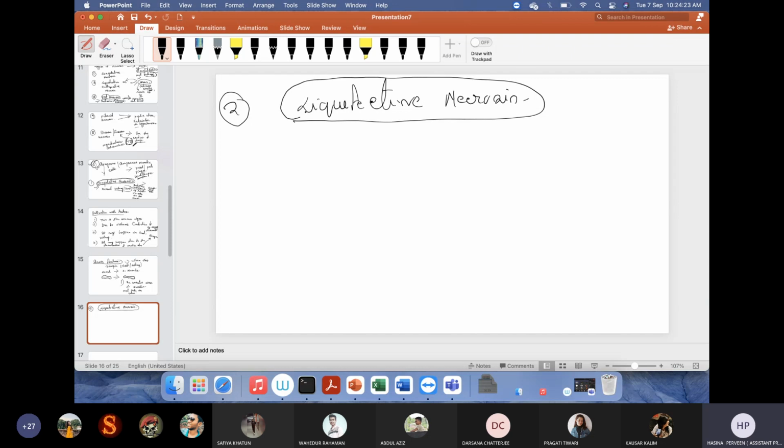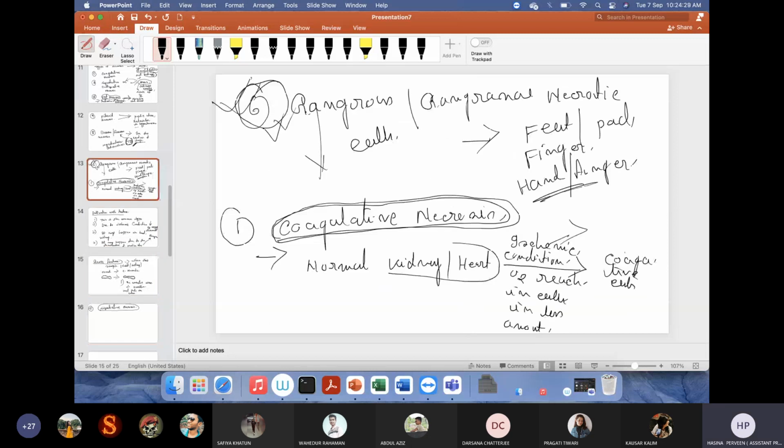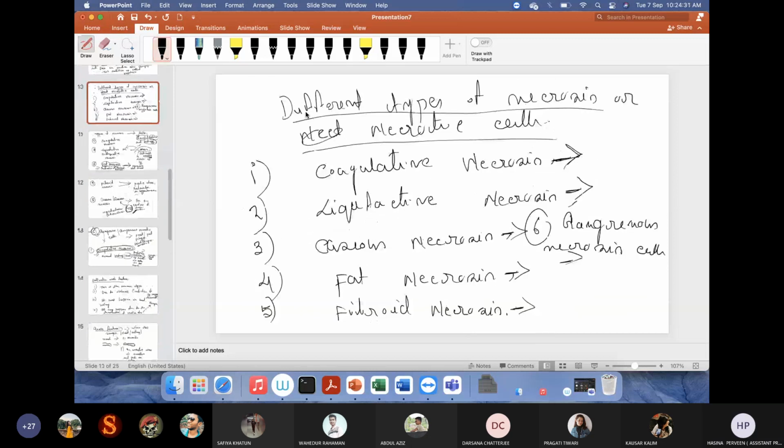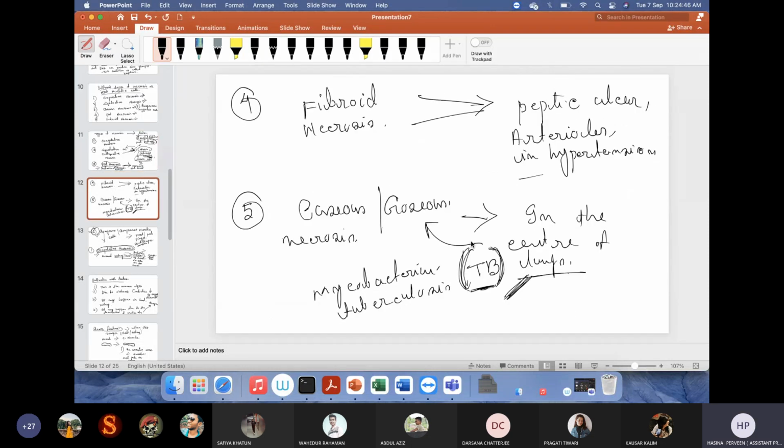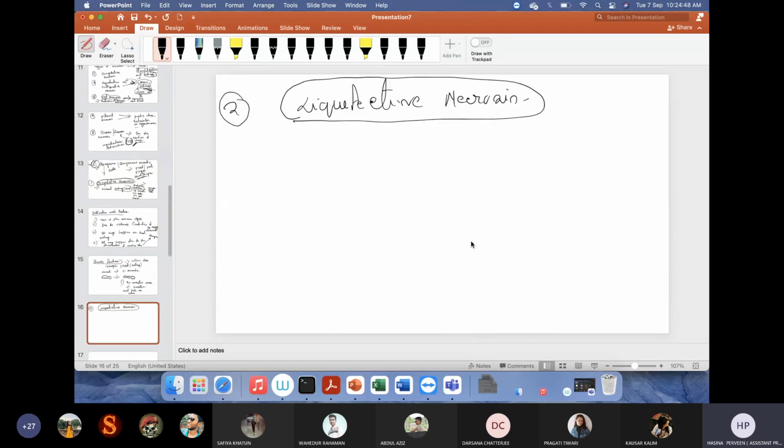Which part in our body? This is the brain and abscess cavity, when there is lack of oxygen supply in the brain and abscess cavity.